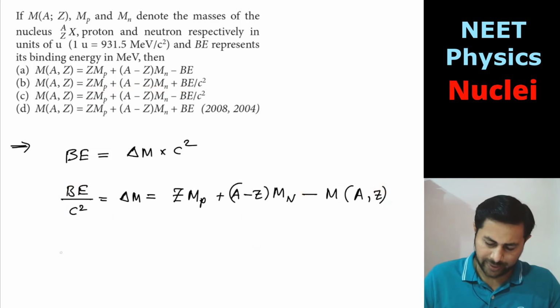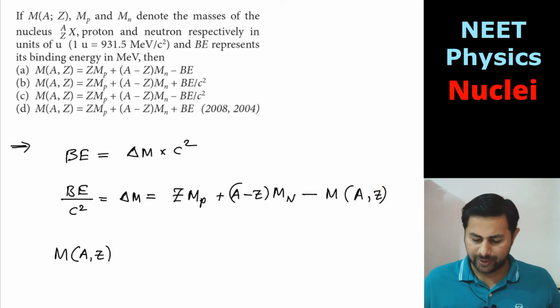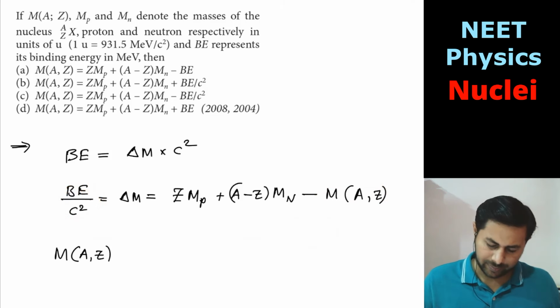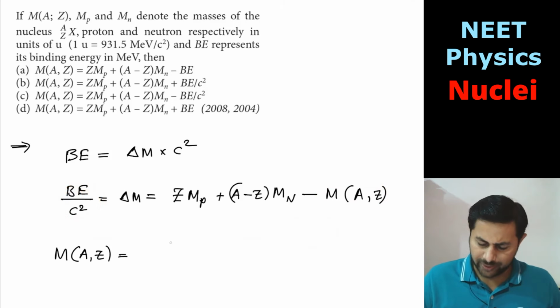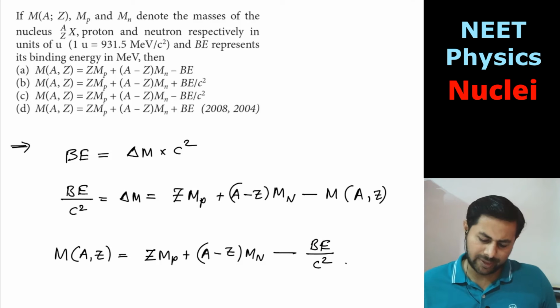Therefore you get mass A Z is equal to, so mass A Z on left hand side becomes positive. Move this thing on other side. So what do you get? You get Z times mass of proton plus A minus Z times mass of neutron minus binding energy divided by C square.